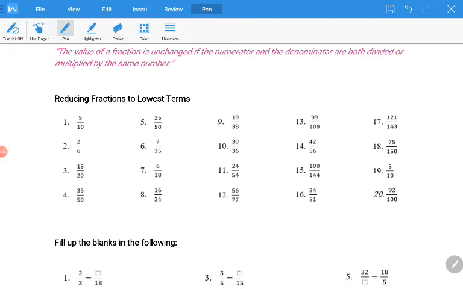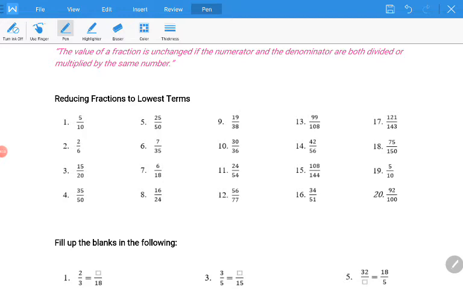You will notice that the value of a fraction remains unchanged if both the numerator and the denominator are either divided or multiplied by the same number. That's the technique that we normally use to reduce fractions to their lowest terms.